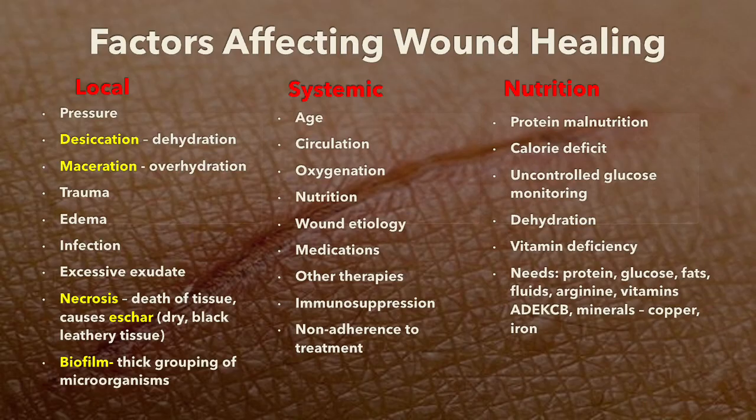Factors affecting wound healing can range from local, systemic, and nutritional causes. Local factors include pressure, desiccation, maceration, trauma, edema, infection, excessive exudate, necrosis, and biofilm. Systemic factors include age, circulation, oxygenation, nutrition, wound etiology, medications, other therapies, immunosuppression, and non-adherence to treatments.